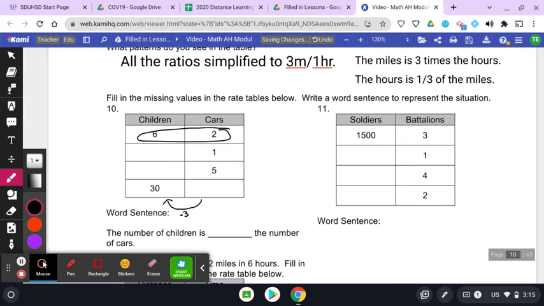If I want to go from children to cars, I have to divide by 3 or multiply by a third. So 1 car can hold 3 children. 5 cars can hold 15 children. If I have 30 children, I need 10 cars. Okay, so the number of children is 3 times the number of cars.